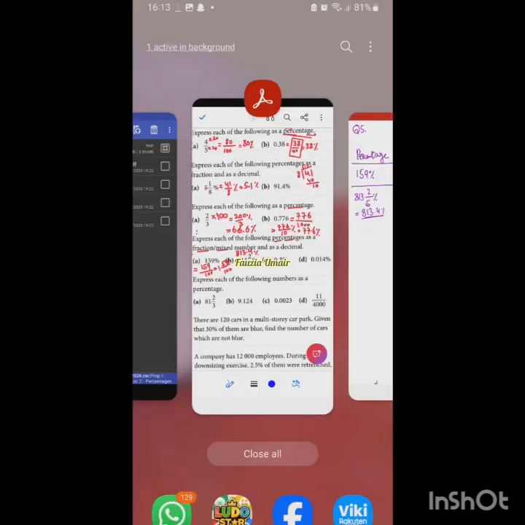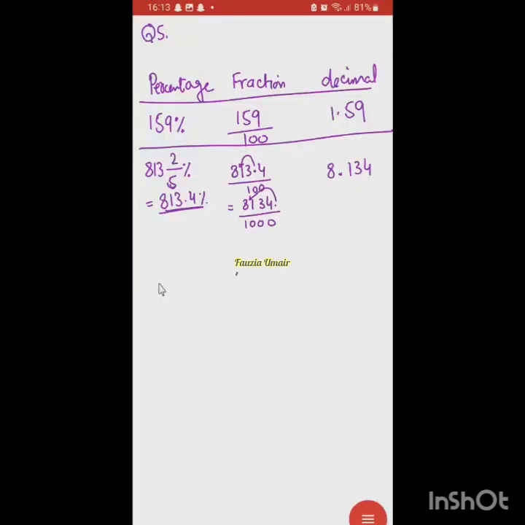Okay. So now the third part is 0.3%. Third part of this question is 0.3%. So what is 0.3 in fraction form? If you remove this percent, so 0.3 by 100. Now if you remove this decimal, this will be 3 by 1,000. 3 by 1,000. ठीक है ना?